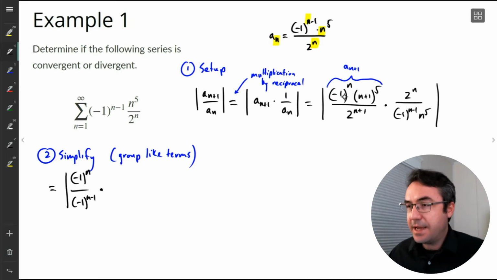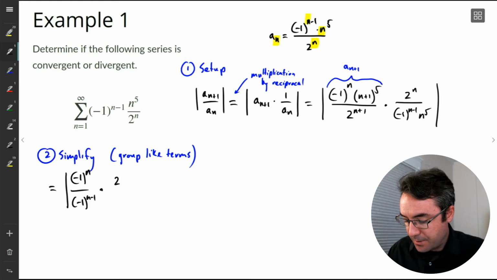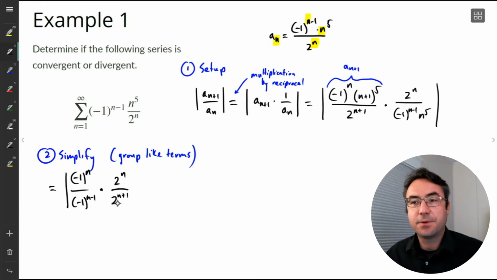So the powers of -1 here are going to be in their own fraction. Then let's do the powers of 2. Put them in their own fraction. So we have a 2 to the n in the numerator, and then we have a 2 to the n plus 1 in the denominator. So those are like terms. They're both powers of 2, and we're going to put them in their own fraction.